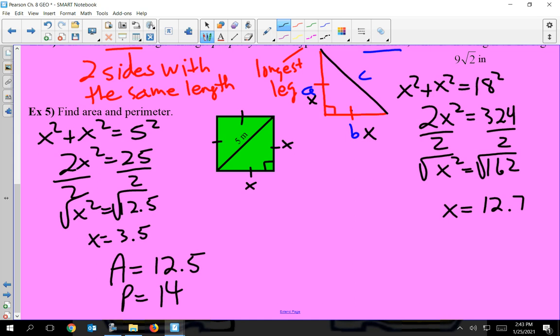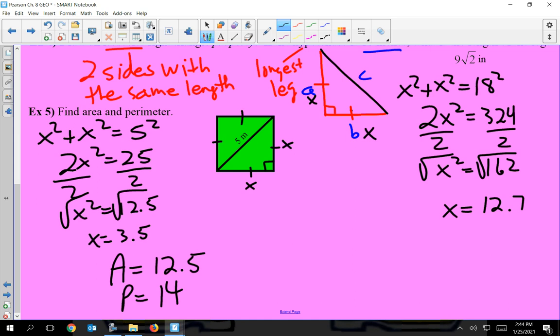Okay, so you set up the problem exactly the same way, like I said, except the hypotenuse is a little bit different. Now it's 5. So plug everything in, and each of the sides should have been the same because it's a square. So you get 2x squared equals 25, and divide that by 2, you get x squared is 12.5, and you take the square root, and I think it was approximately 3.5.